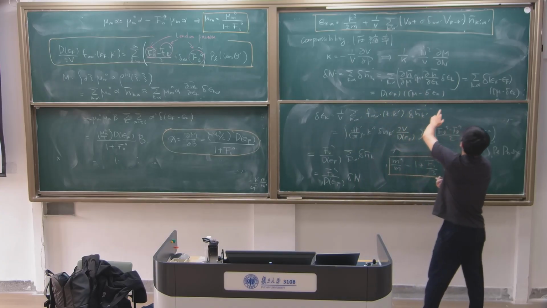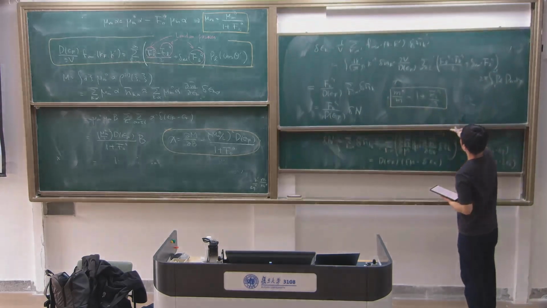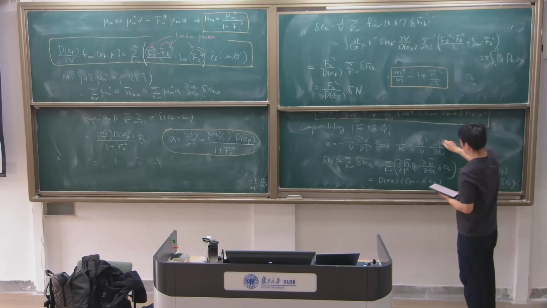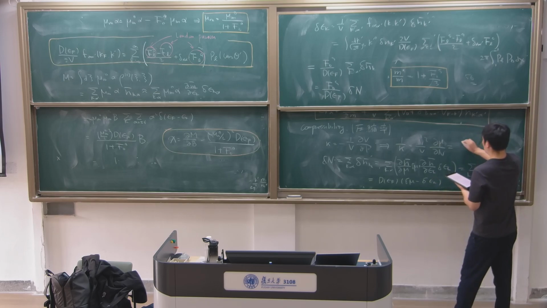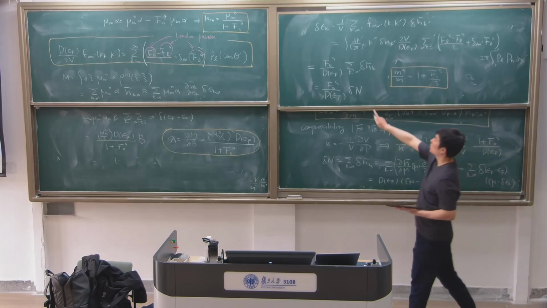So plug that into here, one can derive, so this is new, probability for k, and this is equal to 1 plus F0. So the first divided by B plus F0 S divided by B epsilon. That's what you get by using this relation and this relation.